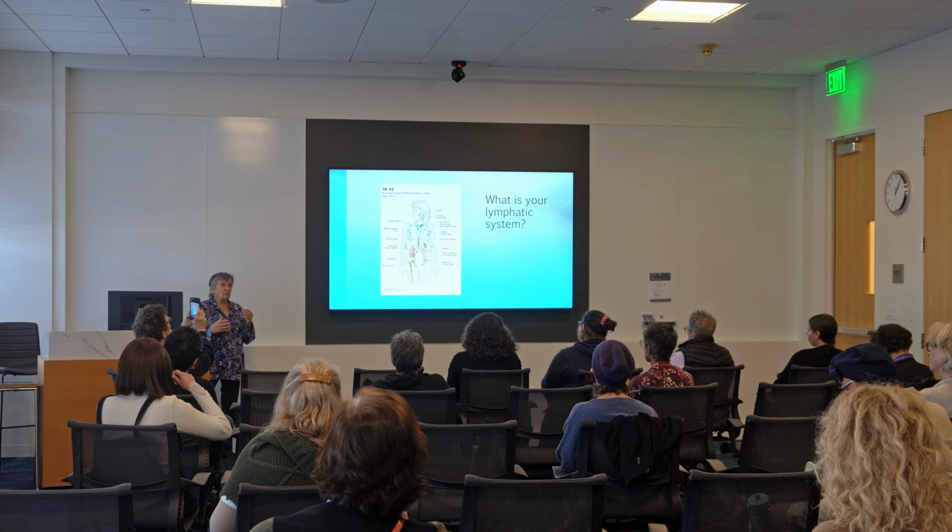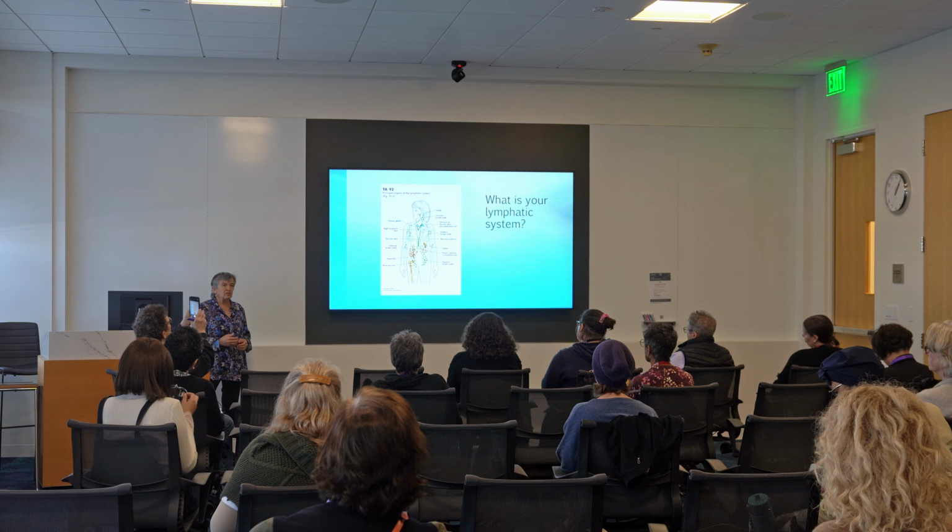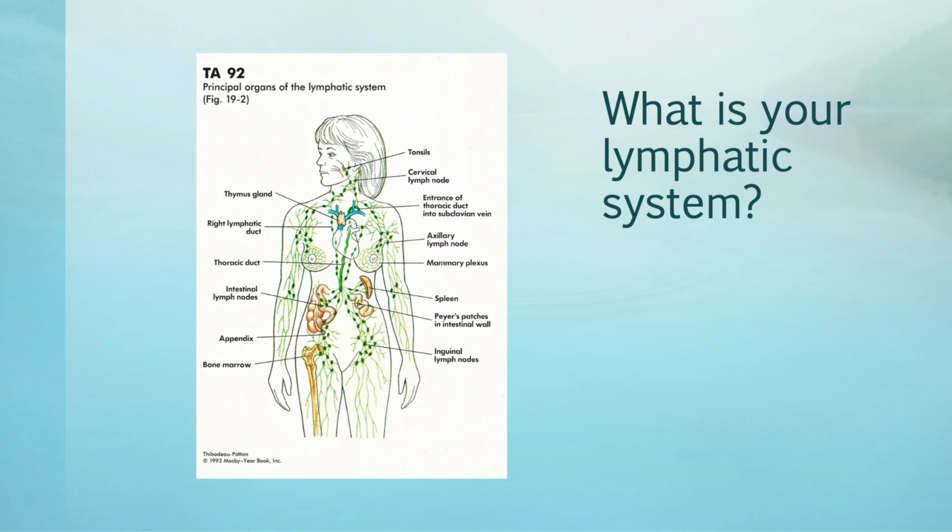You'll see on this schematic diagram, there are also some organs tucked in there. Things like your spleen and tonsils, things that we kind of know are associated with healing. They're all part of your lymphatic system. Okay? A couple things to note about this diagram. You see the vessels, they kind of go everywhere. And it's no coincidence, they seem to be in parallel to where we think of our arteries and veins.